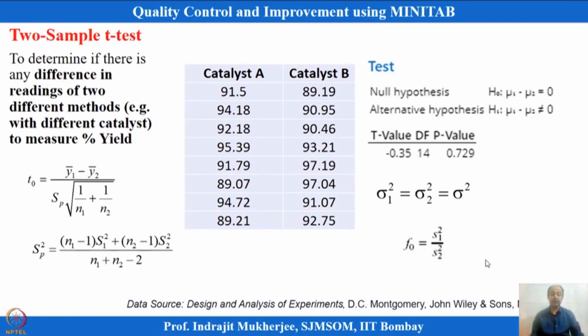This was the two sample t-test example we dealt with. There are two catalysts and we want to improve the yields and see which catalyst is effective and which is not.